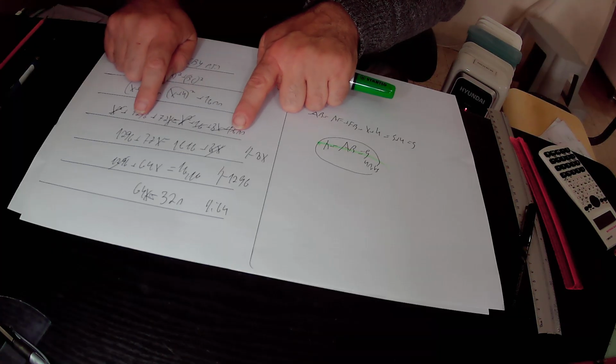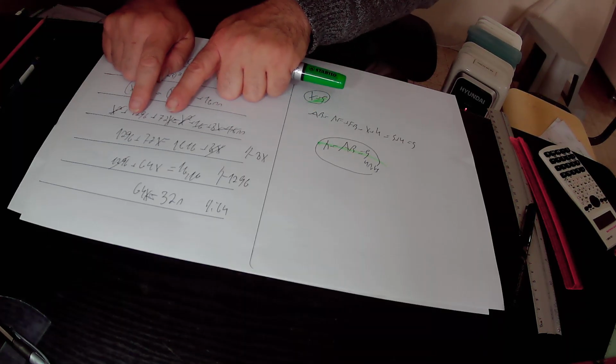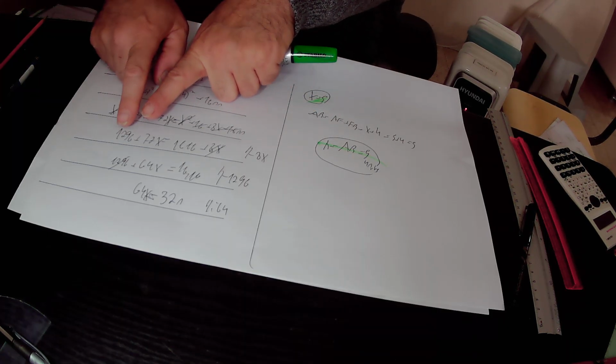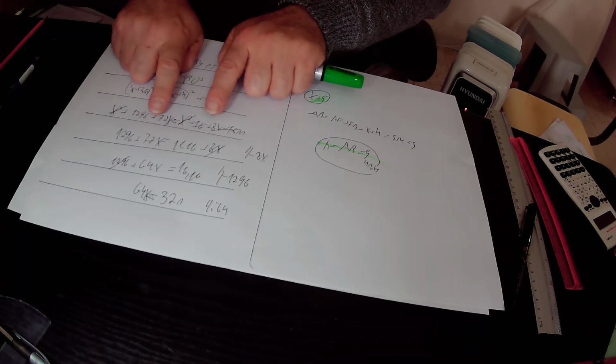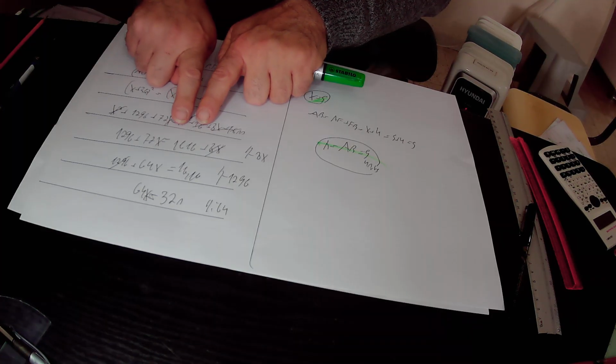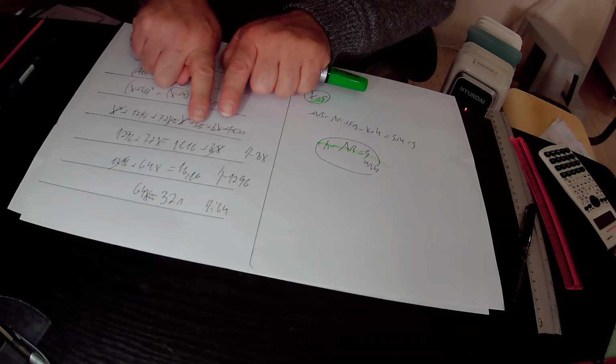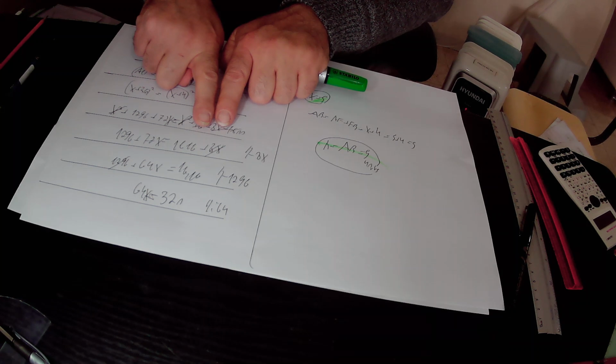Here we subtract 8X from both sides. So we have 1296 and 72X minus 8X is 64X, and it equals 1616. 8X minus 8X is 0.